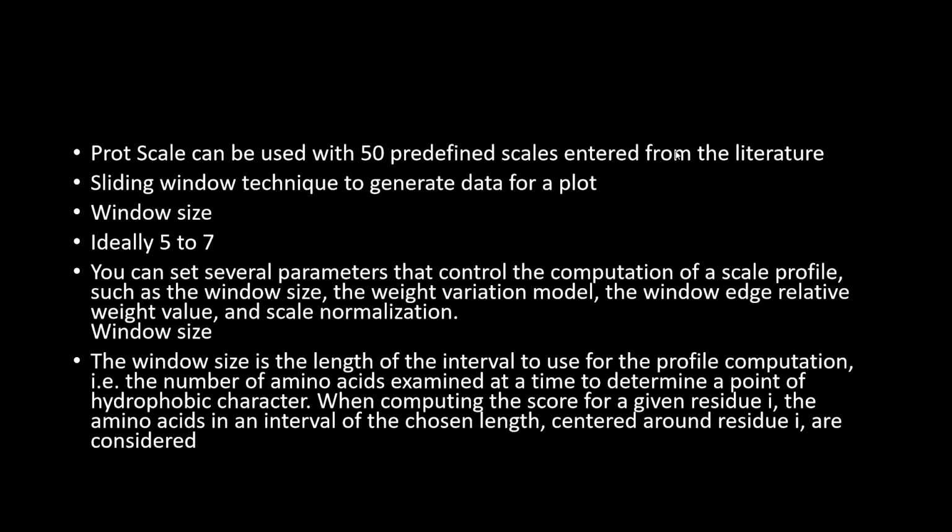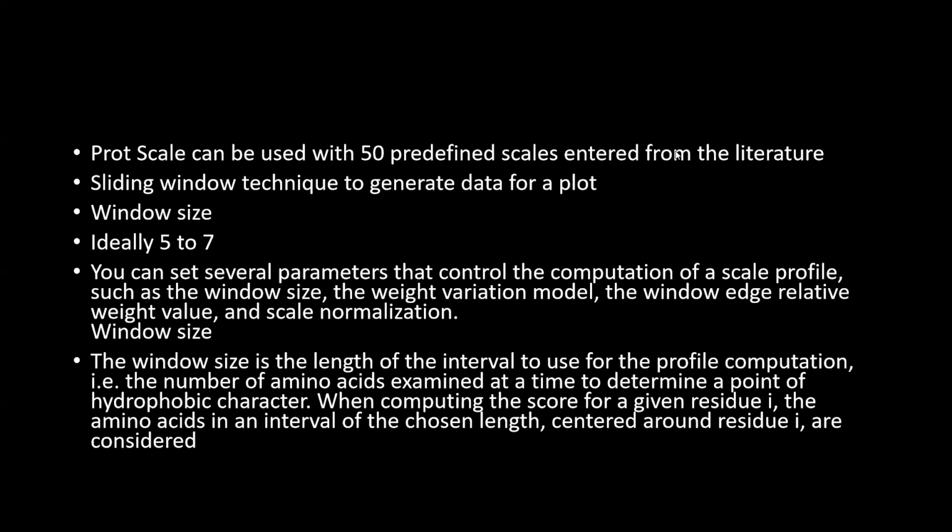The technique is known as the sliding window technique. Sliding window technique means that at a time you have a window size in odd numbers, so it can be 5, 7 or 9. What is meant by window? At a time, how many amino acids you are considering for drawing the plot is your window size.